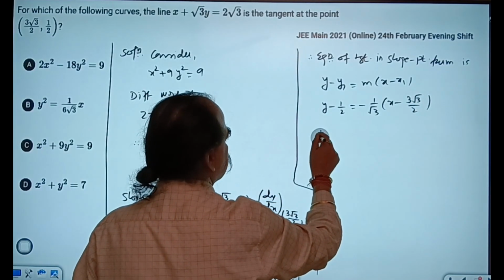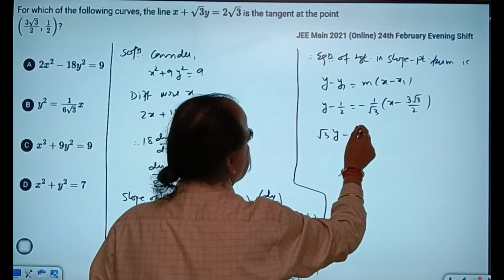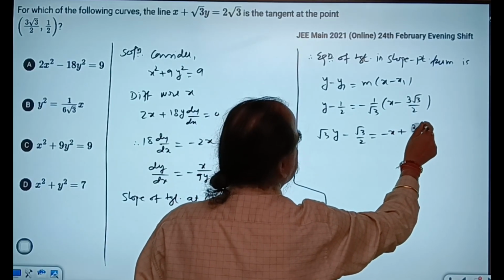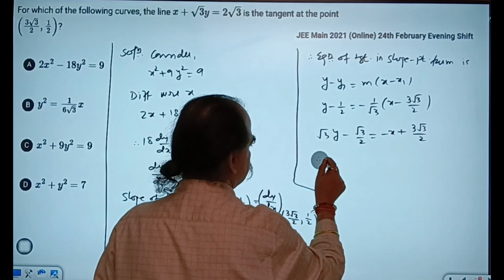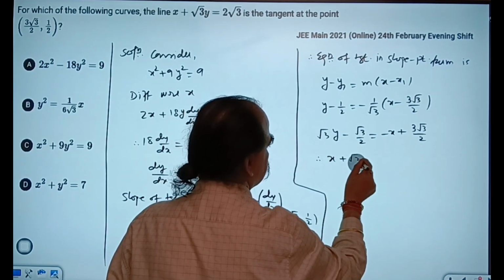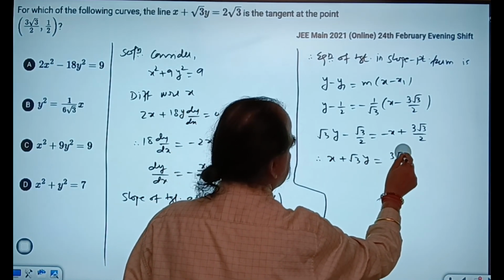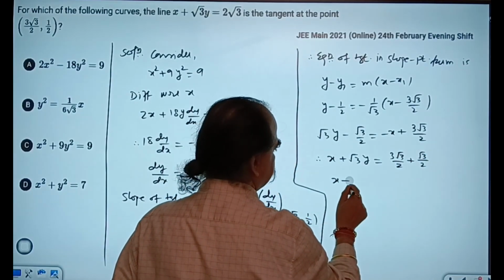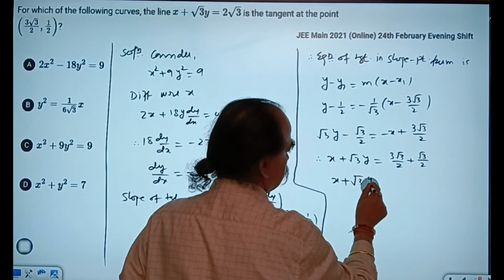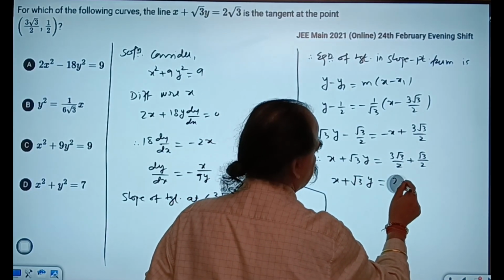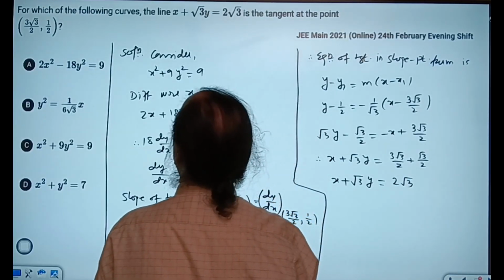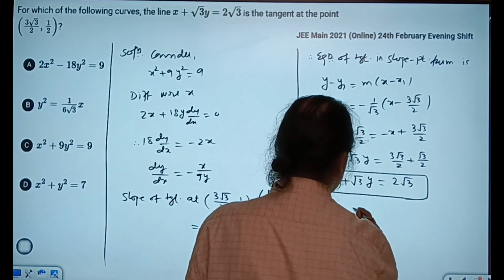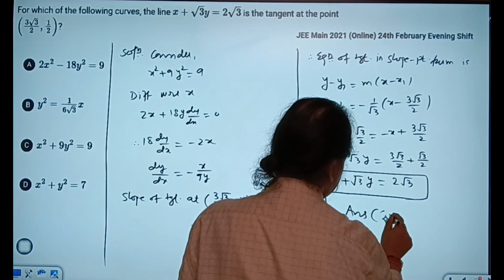Multiply root 3 here. So root 3y minus root 3 by 2 is equal to minus x plus 3 root 3 by 2. So x plus root 3y is 3 root 3 by 2 plus root 3 by 2, x plus root 3y, 4 root 3 by 2 is 2 root 3. So answer is what? C.